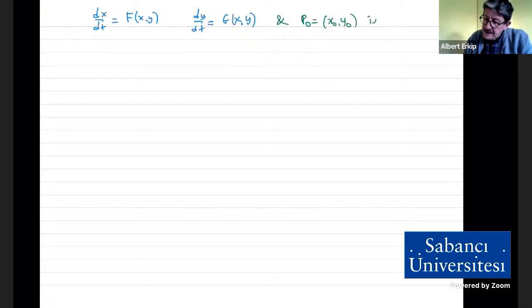Okay, so again we have the system dx/dt equals f(x,y) and dy/dt equals g(x,y), and suppose P0 equals (x0, y0) is an isolated fixed point.